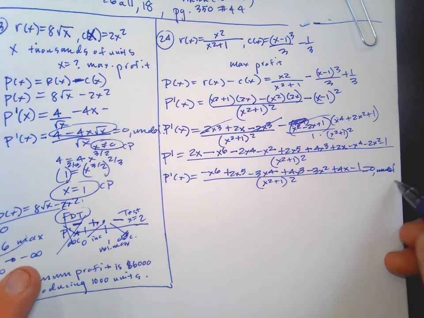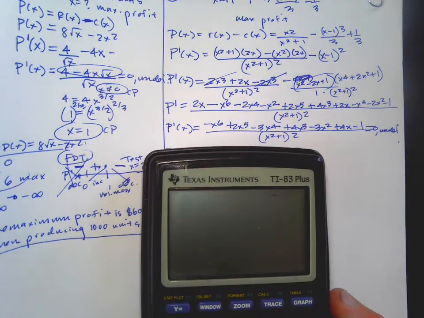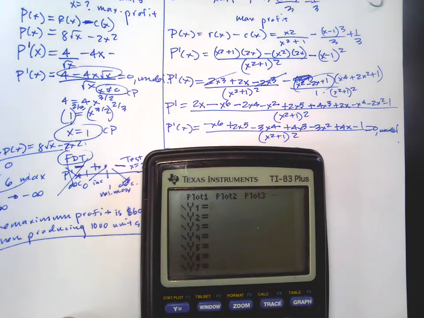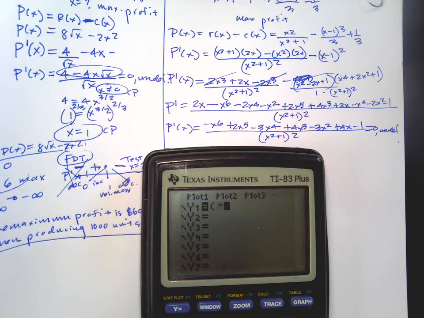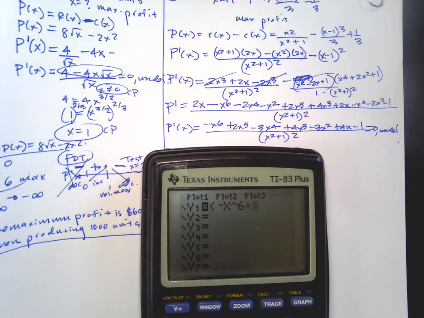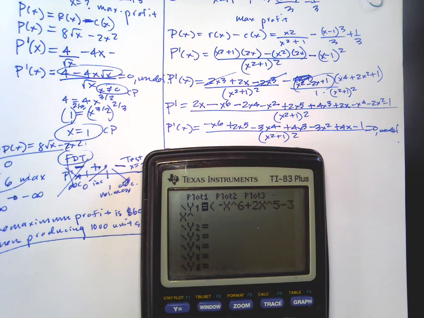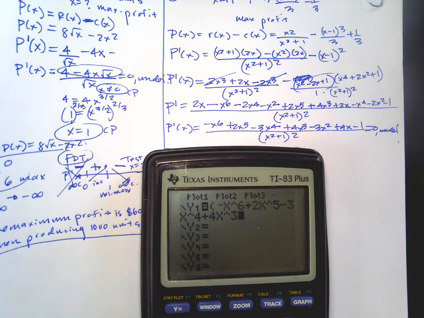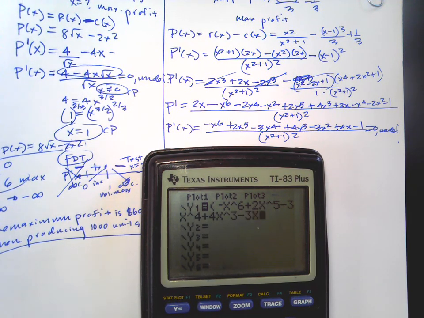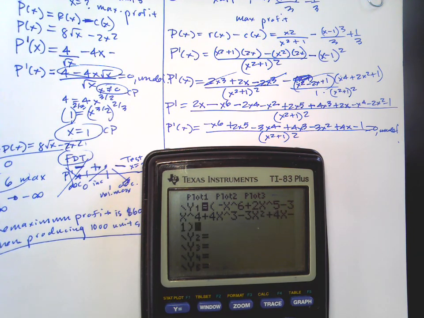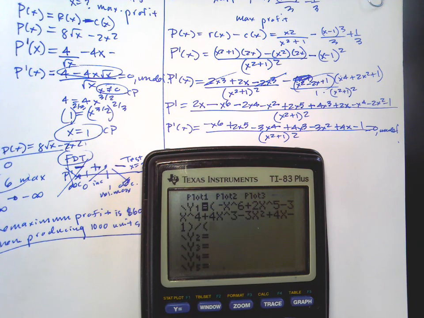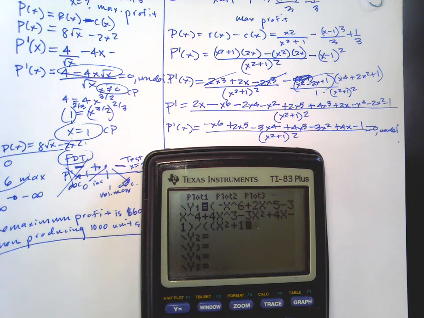So I'm going to do this on my calculator. Let's see if I can pull this off. Parentheses, negative x to the sixth plus 2x to the fifth minus 3x to the fourth plus 4x to the third minus 3x squared plus 4x minus 1, divided by parentheses x squared plus 1, close, squared.